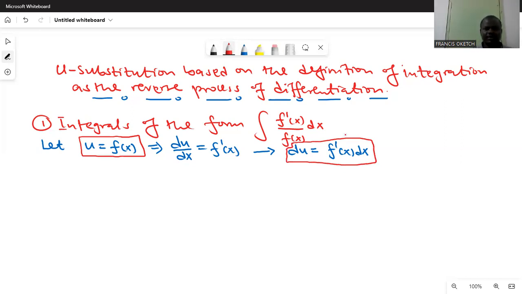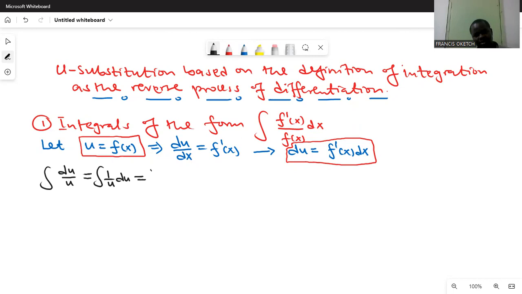So what will be our integral now? It will now reduce to the integral of du over u, because f prime of x dx is the same as du, and f of x is the same as u. You can write this as the integral of 1 over u du. Now you need to ask yourself, what did you differentiate to get 1 over u?